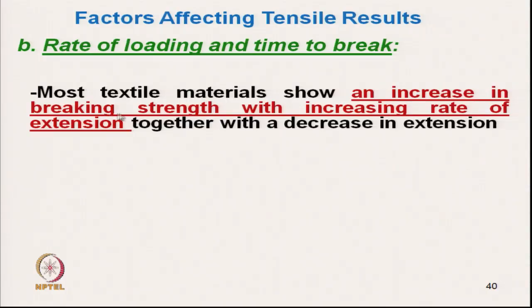Most textile materials show an increase in breaking strength with the increase in rate of extension, together with a decrease in extension. That is the nature of any viscoelastic material.